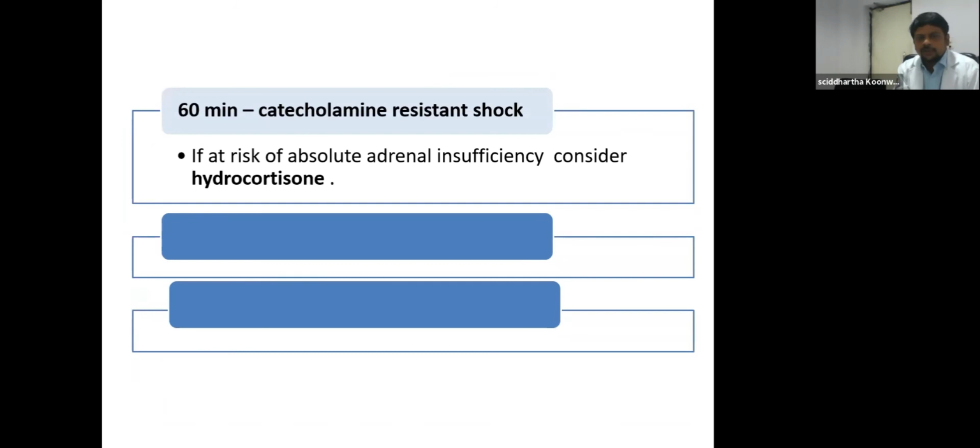If the patient is not responding to these also, then we should consider absolute adrenal insufficiency, and we should consider hydrocortisone. The dose of hydrocortisone is 50 to 100 milligram per meter square stat, followed by 50 milligram per meter square per day, to be divided into 4 to 6 hourly doses.